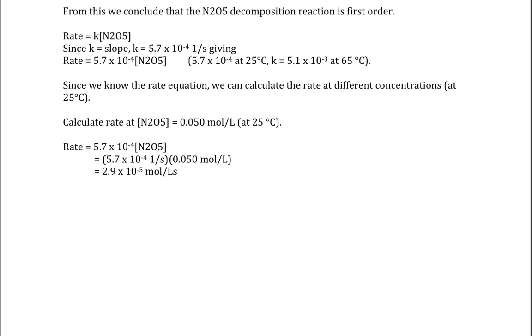Okay, so let's calculate the rate at the N2O5 concentration of 0.050 moles per liter. So we take our rate equation, 5.7 times 10 to the minus 4, and multiply it by the concentration, 0.050, and we then calculate the rate to be 2.9 times 10 to the minus 5 with our units moles per liter seconds.